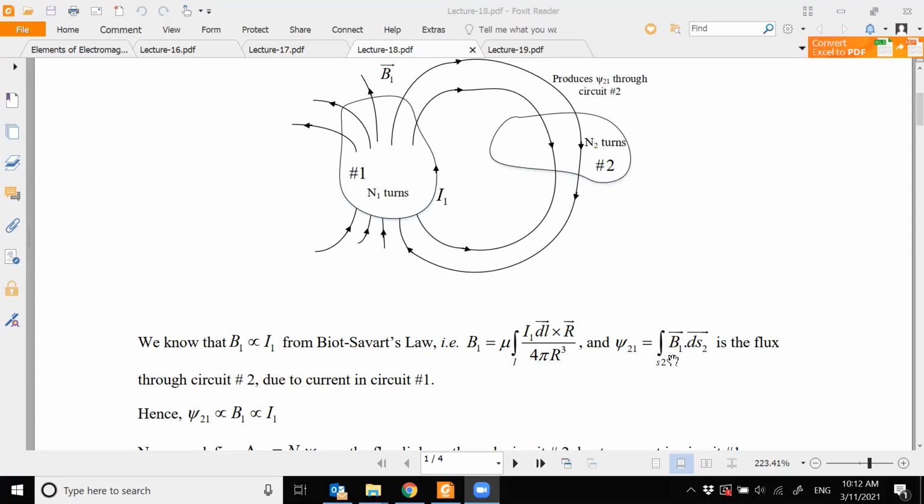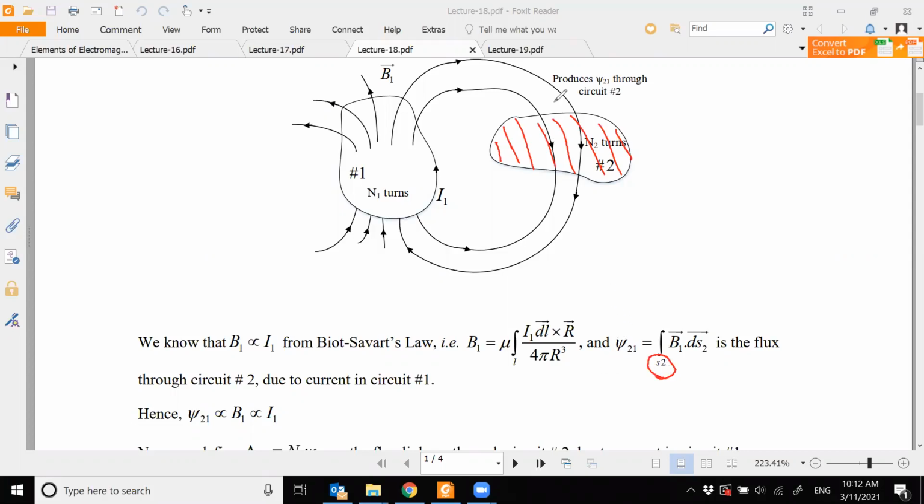It is B1, because B1 is now everywhere. So it is B1 dot dS2. dS2 is nothing but this cross-sectional surface. This is your dS. This is your S2.